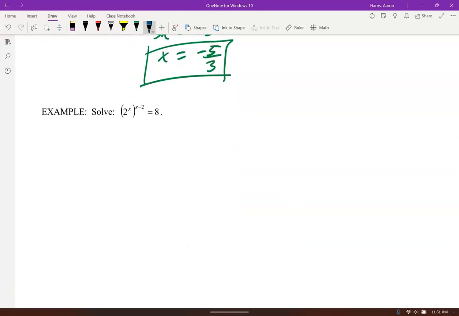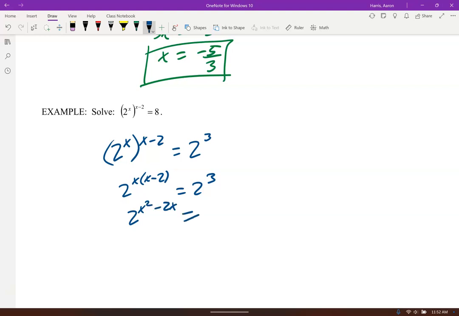How about this one, we got 2 to the x minus 2 equals 8. Well, if you think about 8, you can write that. 2 to the 1 is 2, 2 squared is 4, 2 to the third, there we go, 2 to the third is 8. So now we have 2 to the x times x minus 2 equals 2 to the third. In other words, 2 to the x squared minus 2x equals 2 to the third.